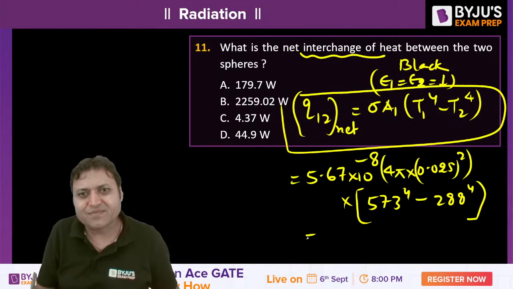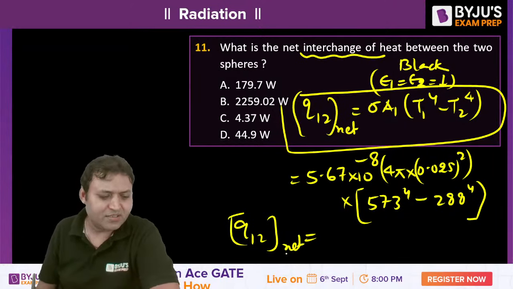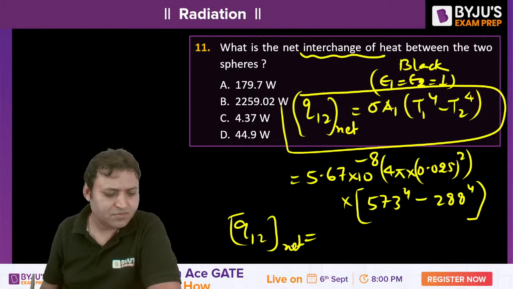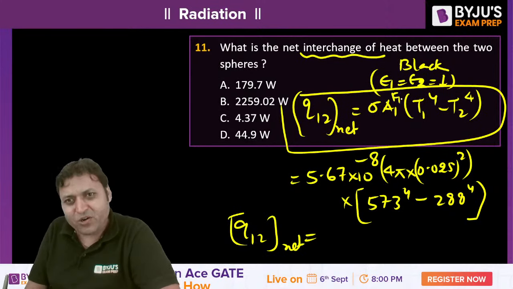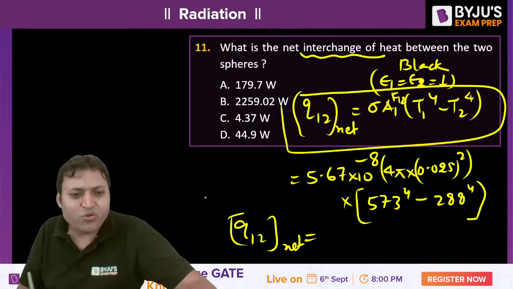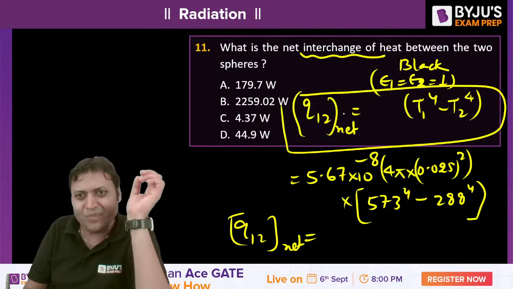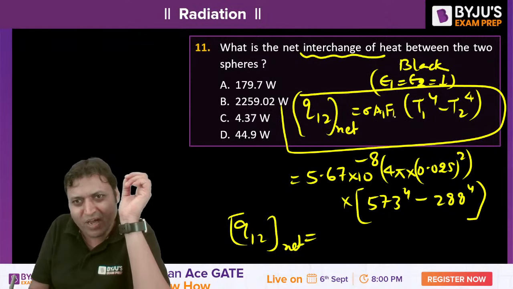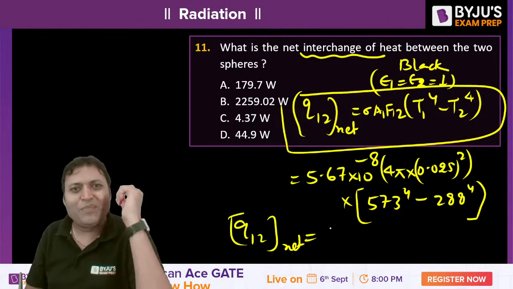What is the answer? Q12 net. To solve this, it will be sigma into A1 into F12, and the value of F12 is 1. What will be the answer?